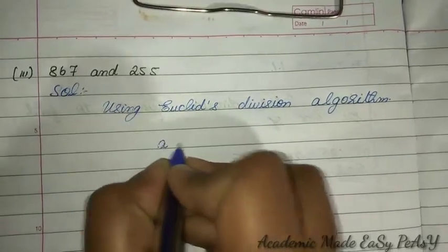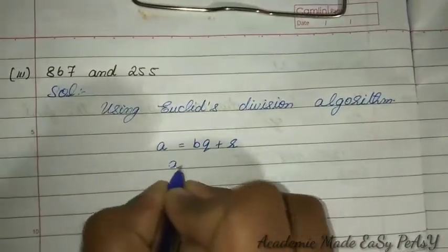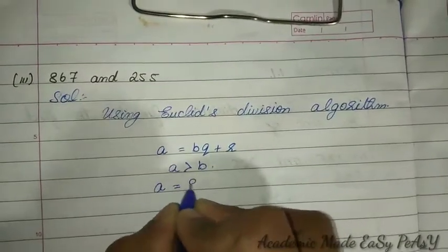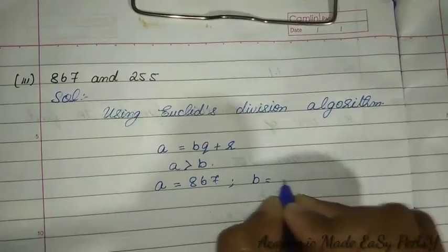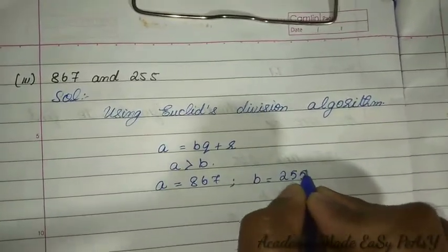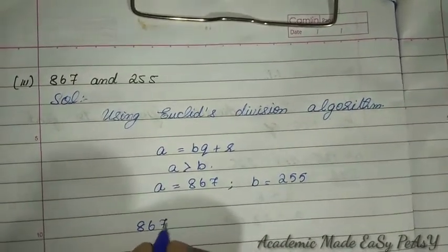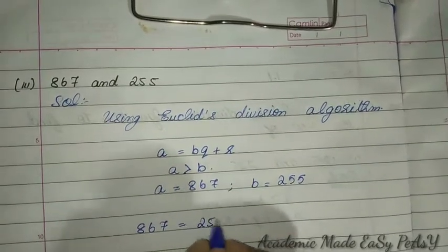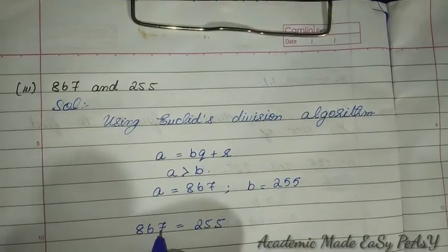So we know the equation A is equal to BQ plus R and also A is greater than B. So the value of A is equal to 867 and B value is 255. When we substitute in the given equation, 867 is equal to 255. If we multiply with what do we get 867?